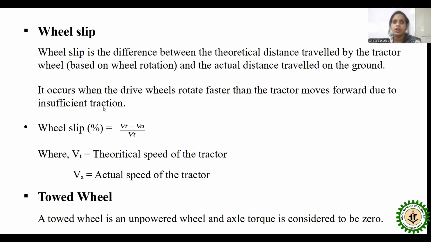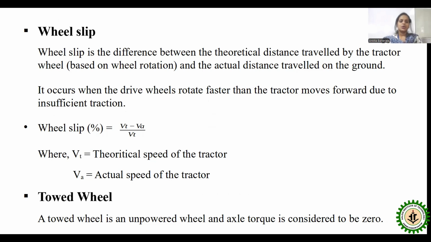I have mentioned many times earlier that if there is a slip, traction efficiency will be reduced. What is slip? Your wheel, our tractive device, is moving, so power is getting lost, but it is not moving the whole tractor or wheel in forward motion.